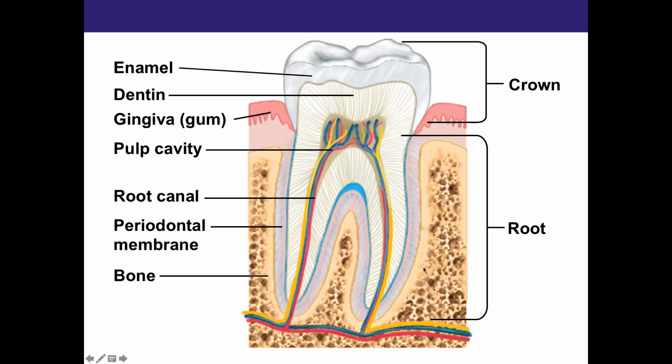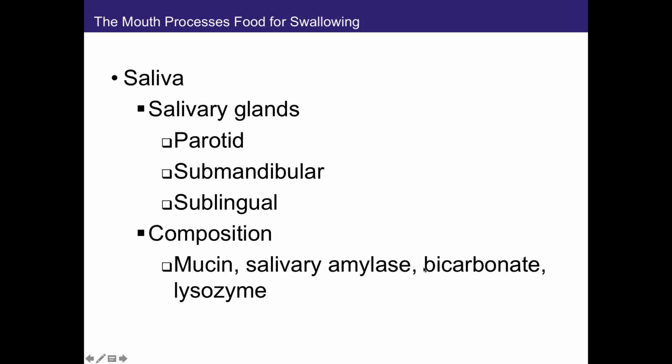Okay, so also in the mouth, we concentrated on saliva. And for the exam, there will be a few questions on salivary glands. The 3 that I want you guys to know are the parotid, submandibular, and sublingual. And I think the major thing that I really want you guys to know is that the salivary glands already are producing amylase.